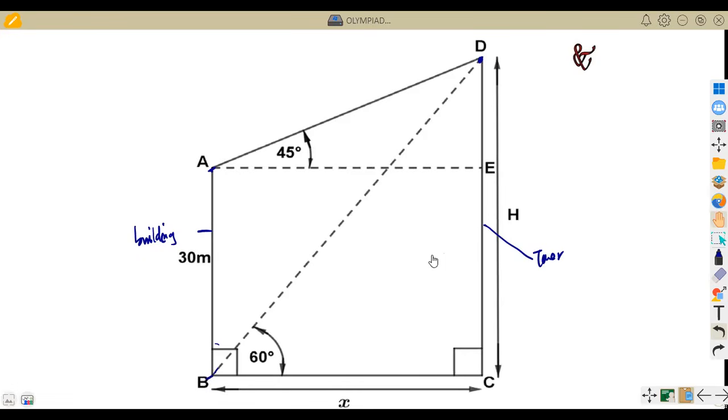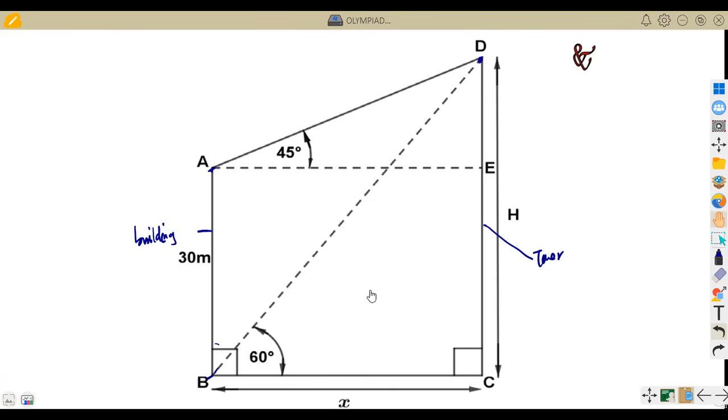If you check from this part, we do not have direct information that can lead us to CD. Take note, in the triangle BCD, we only have an angle inside. We do not have any side that is affecting this triangle. The moment we can have a side, it means we can calculate the value of H, the height of the tower.